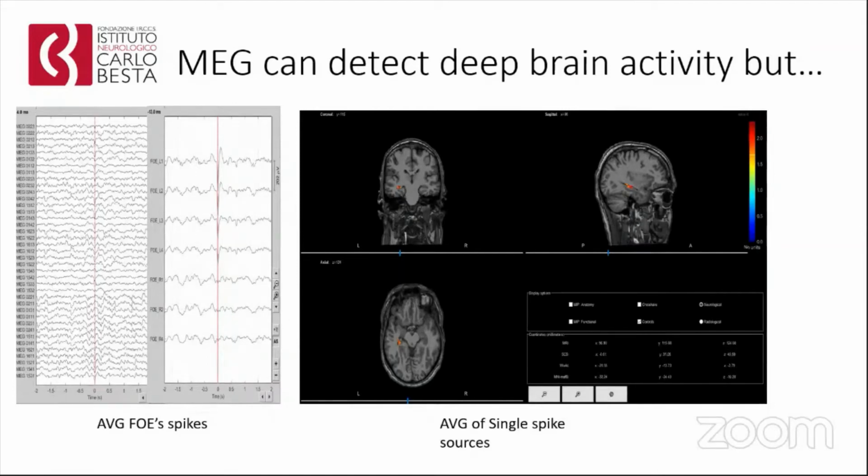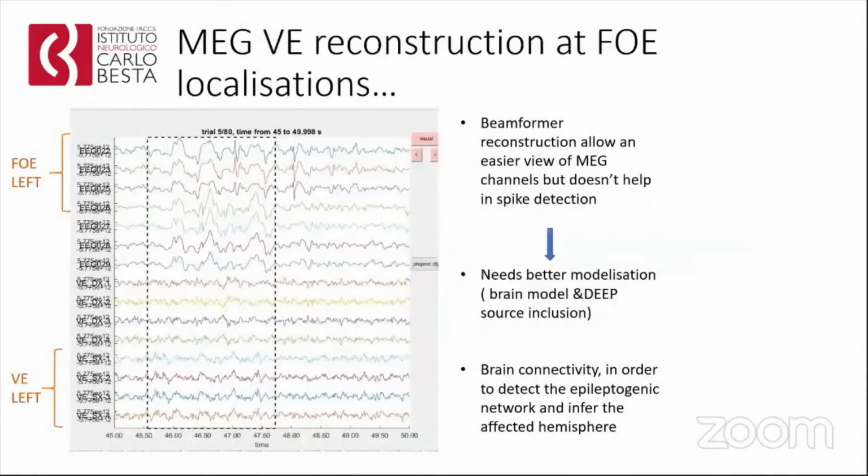So at the second step, what can we do? We try to reconstruct with beamformer to see if there is a chance to see something. At least in this case, we had the simultaneous recording, so it can be useful. But as you can see, I show you the FOA, so foramen ovale, what can be seen inside and what can be seen outside.